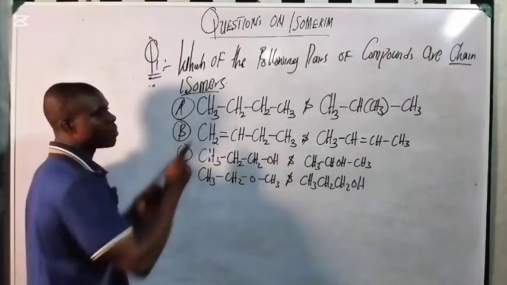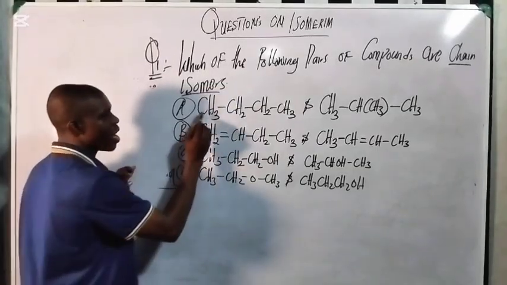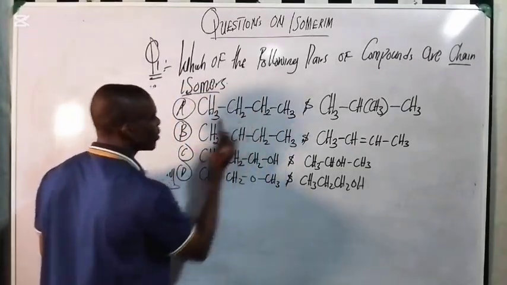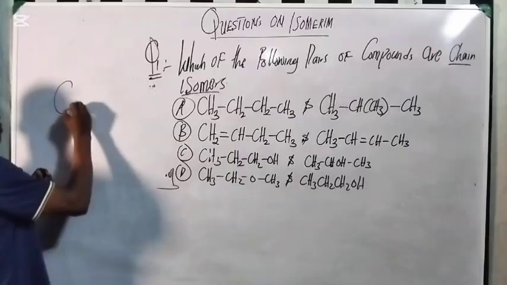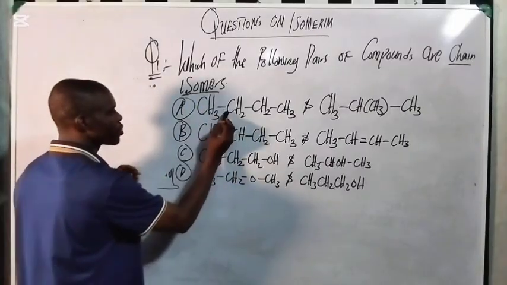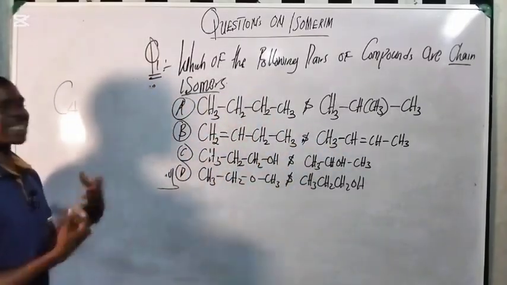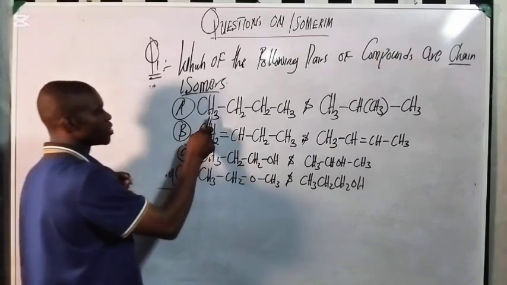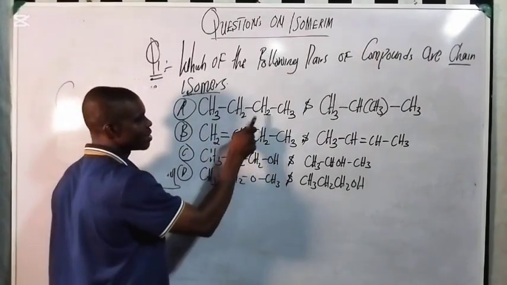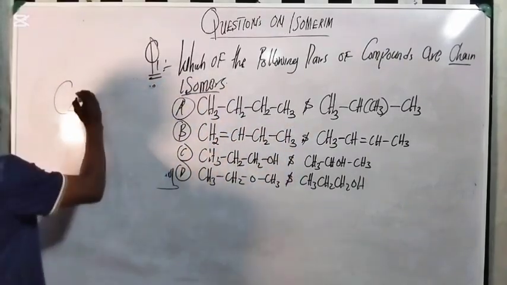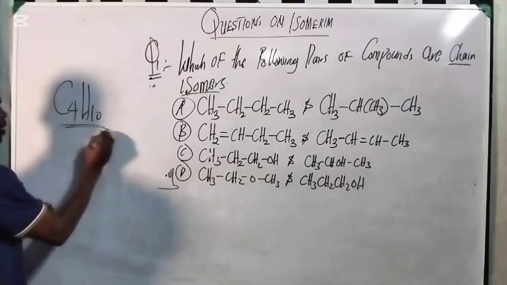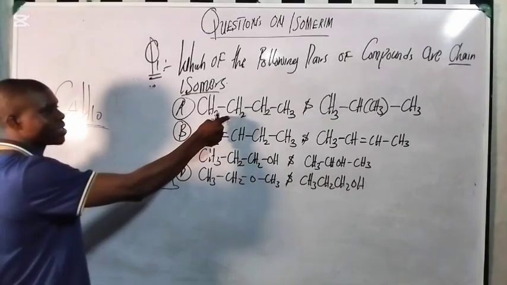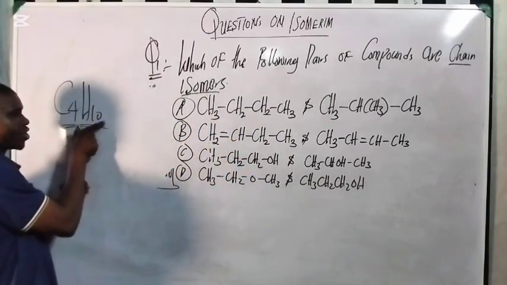Let's count the number of carbon atoms here. We have 1, 2, 3, 4, so C4. Now let's count the number of hydrogens: 3, 5, 7, 10. Here we have 10. So the molecular formula of this one is C4H10.